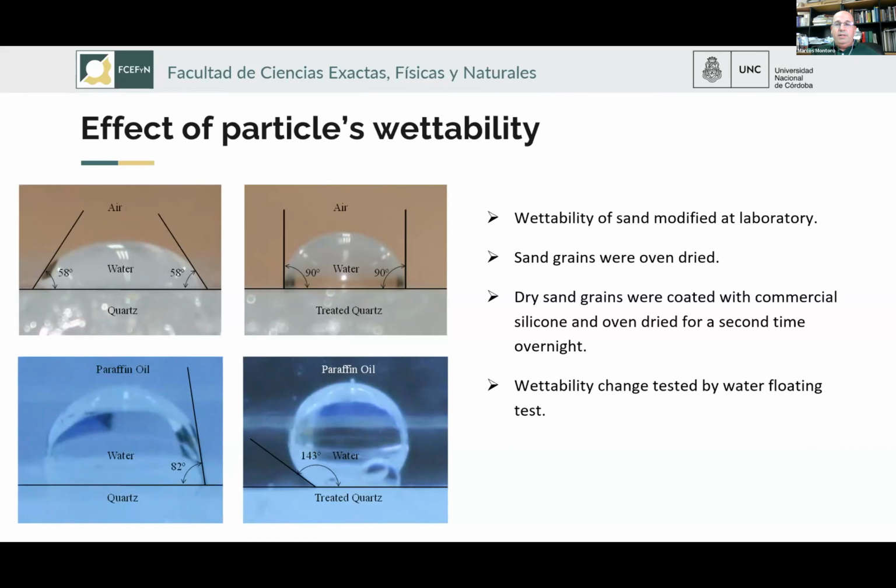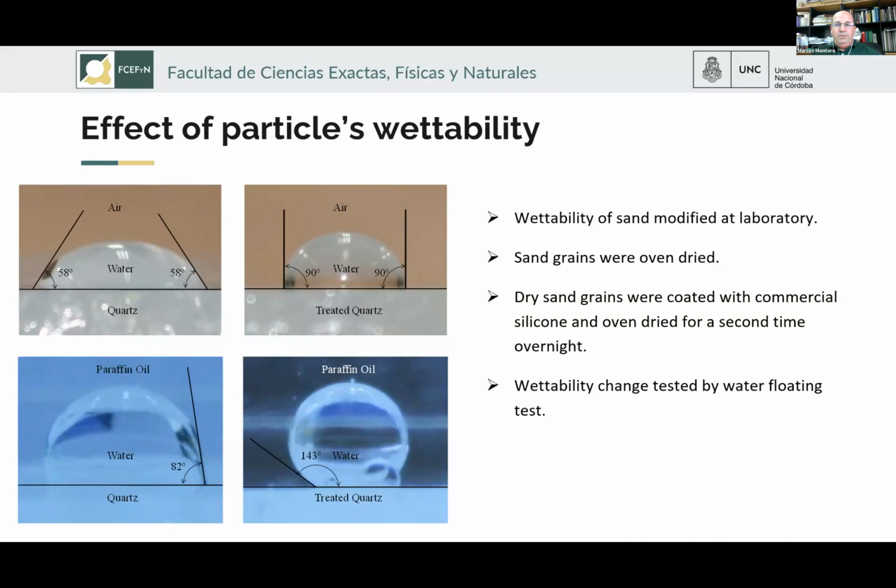Our grains were initially clean and oven dried, and then we sprinkled them with the silicone and oven dried them again. In order to observe if the wettability had changed, we poured these sand grains in a water-filled glass, and we observed that the sand grains floated over the surface.